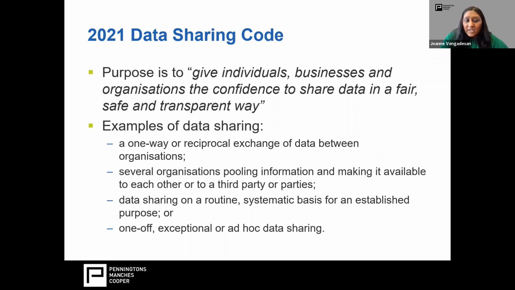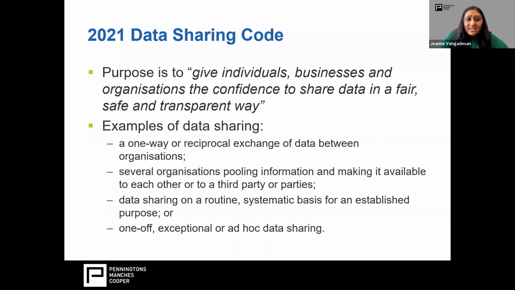So types of data sharing, we talked about how it could occur in different contexts. One-way or reciprocal exchange of data between organizations. There could also be data sharing in the context of collaborations, research and development. We see this occurring in the life sciences sector, for example, with clinical trials, the number of different parties involved, and data is shared using very sophisticated anonymization and pseudonymization techniques often.